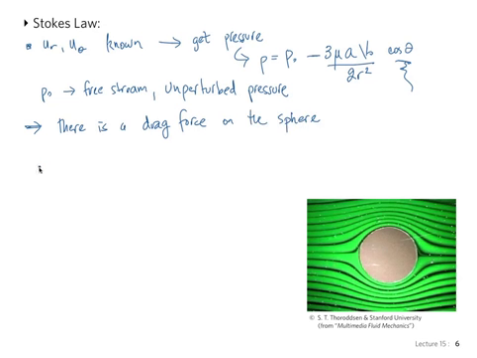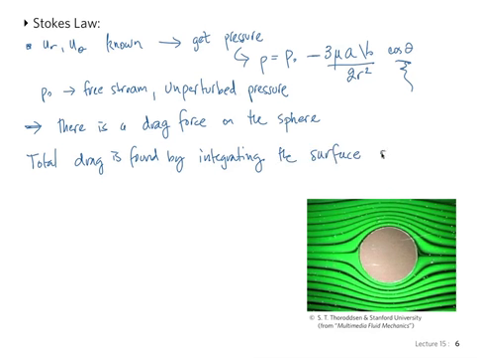The total drag is found by integrating the surface stresses, including both pressure and viscous stresses. Again, I'm not going to do the whole derivation, but I'm going to give you the answer, which is a very famous result due to Stokes.